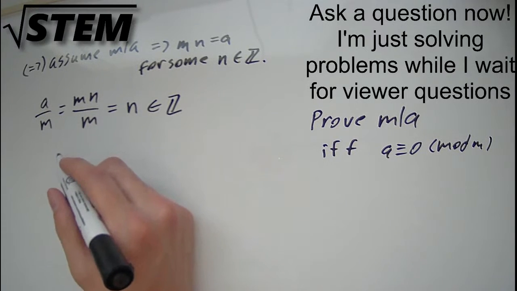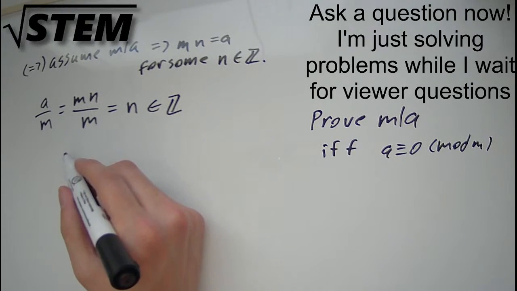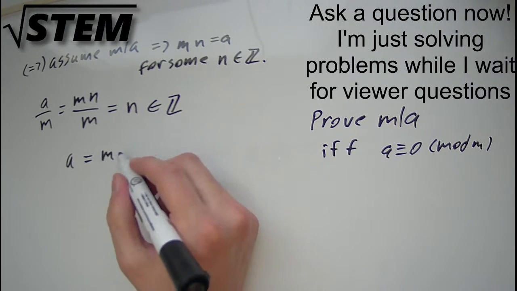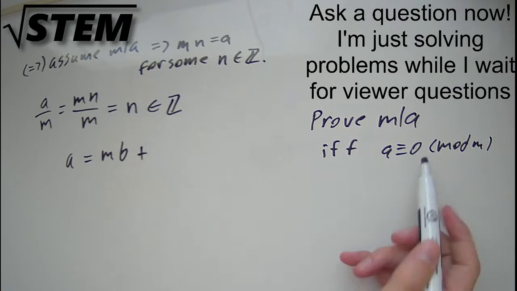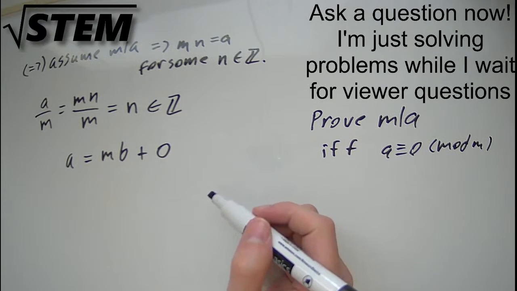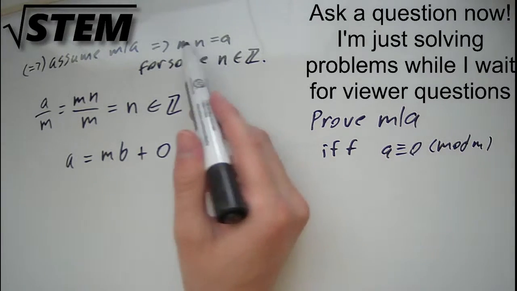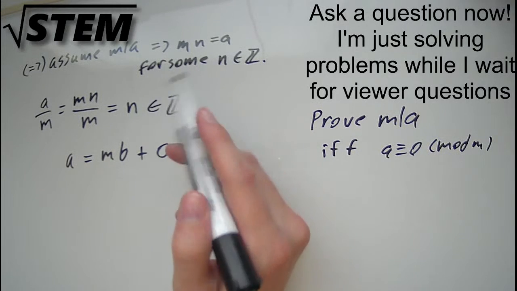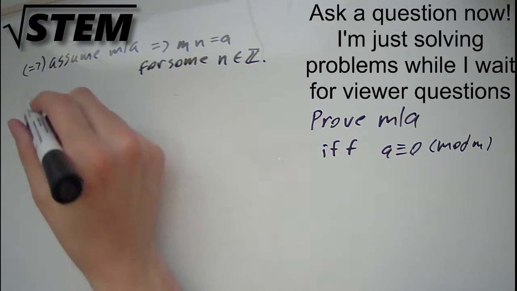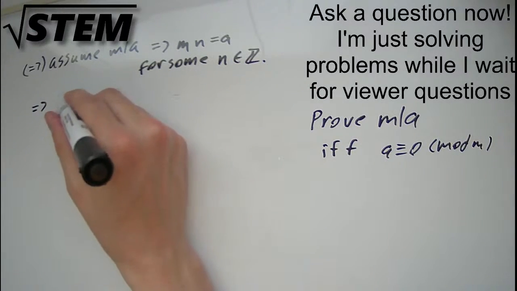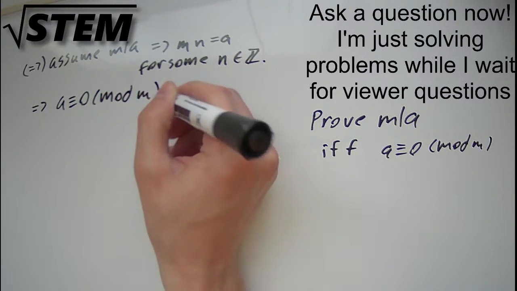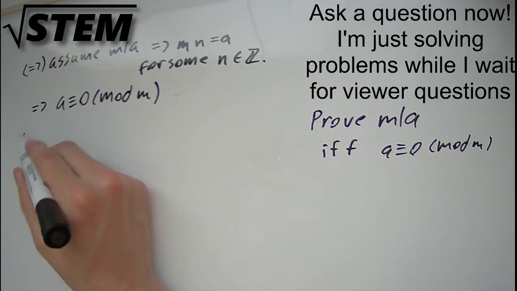The alternate way you can write congruence is that a is equal to m times something else plus what it's congruent to. Oh, okay, so actually immediately from this statement we right away have the congruence. So therefore a is congruent to 0 modulo m, and I think that just proved the other way as well.